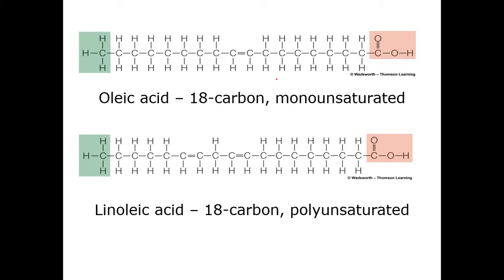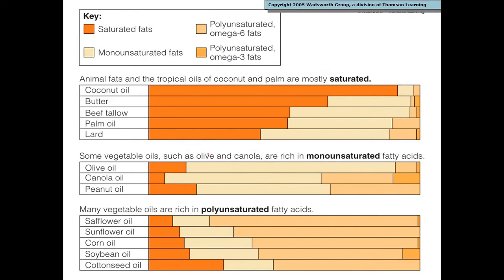Oleic acid is monounsaturated, so you only have one double bond, whereas linoleic is polyunsaturated, so it has two double bonds. These are common animal fats, and the tropical oils are mostly saturated. So these are the fats and oils that are common.